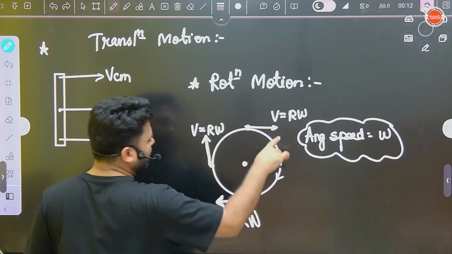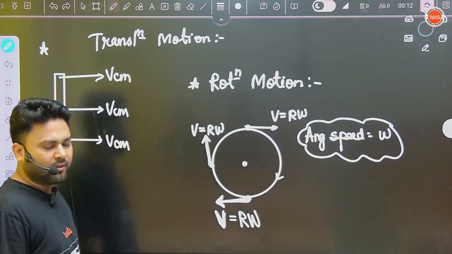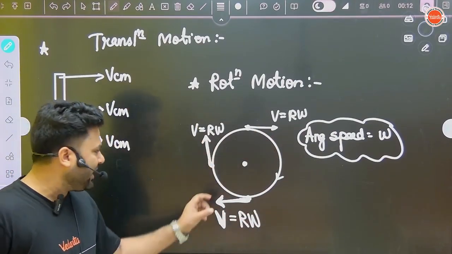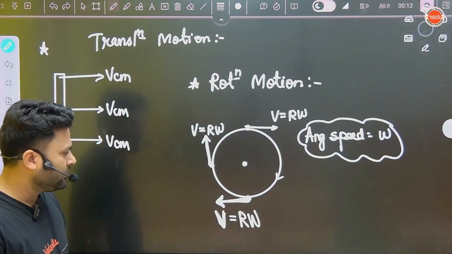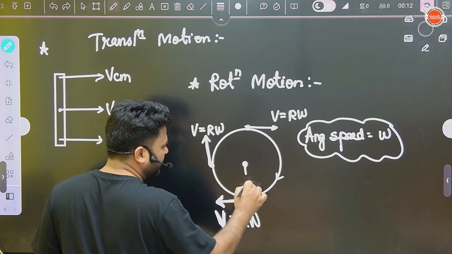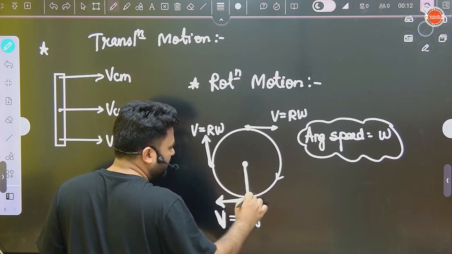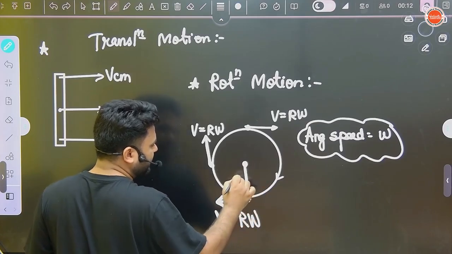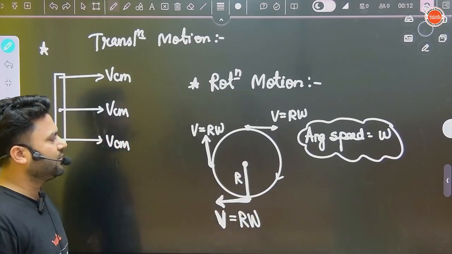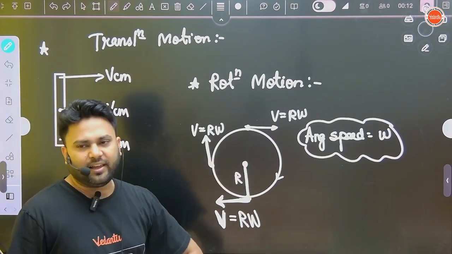Here tangent, here also tangent. And this speed is v equals r omega, where r is the radius, meaning the distance from the center of rotation to the point where you are asking the linear speed. Omega is the angular speed.